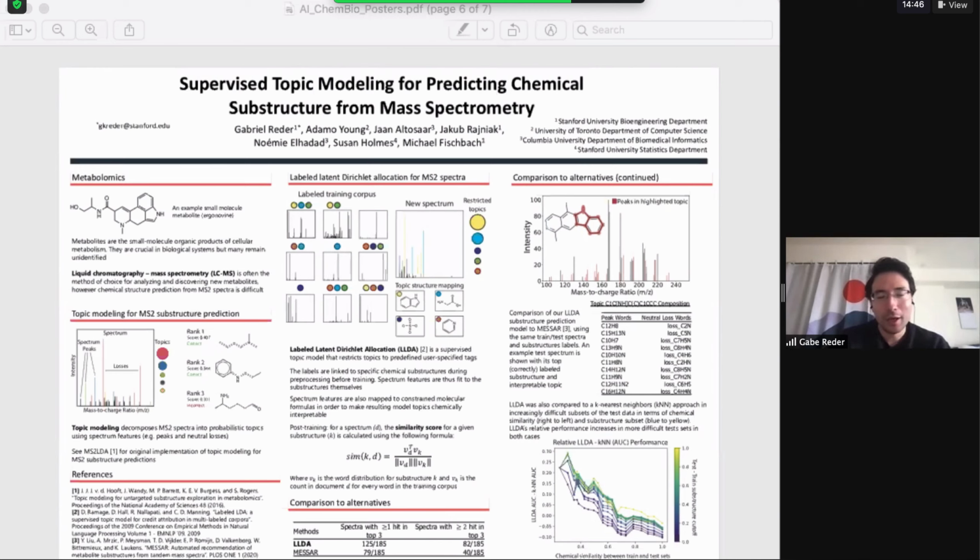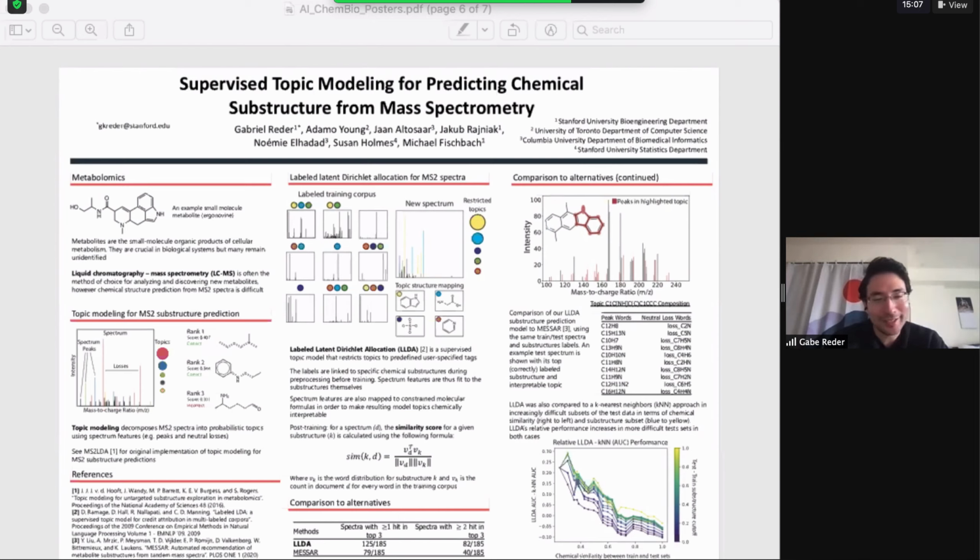More recently, something we're excited about is stress testing this sort of model and taking a look at how its prediction performs on increasingly difficult test spectra. The important dimension to look at on that bottom plot on the right is moving from right to left.